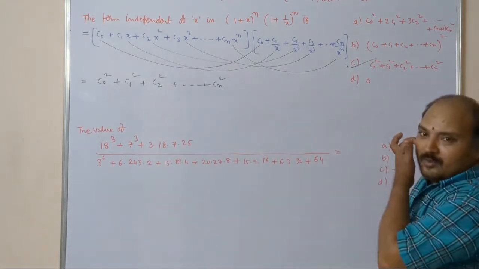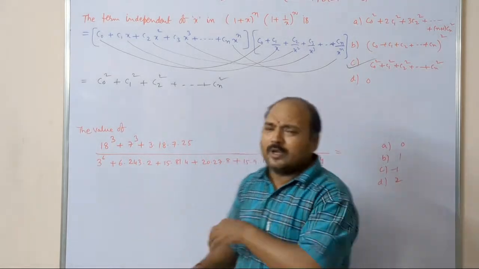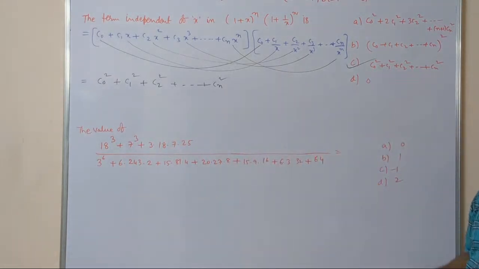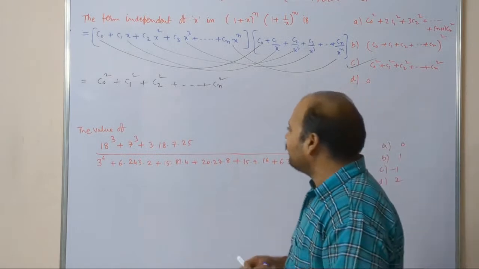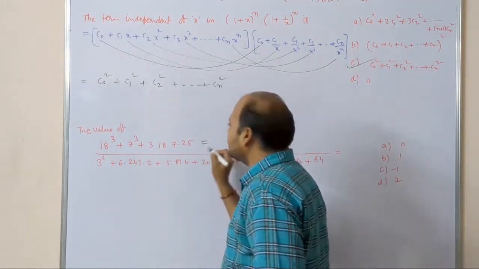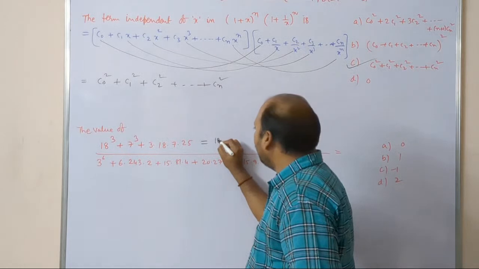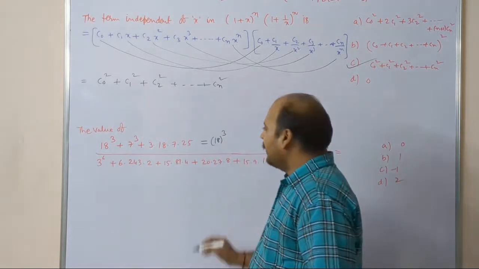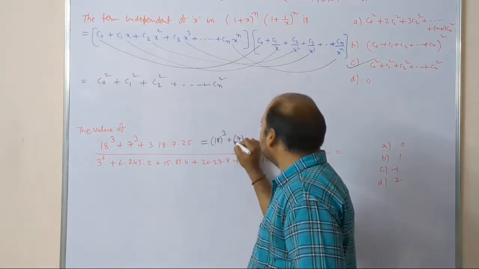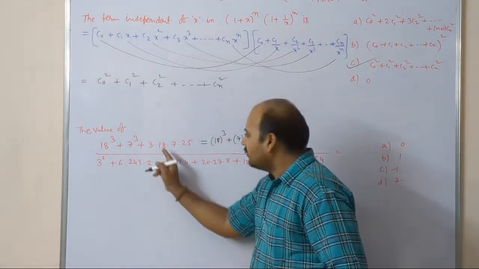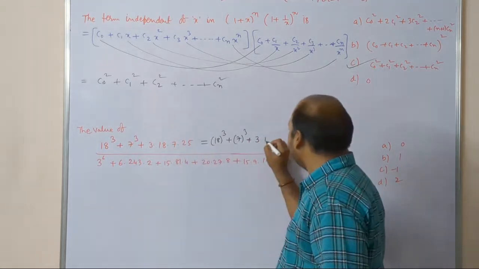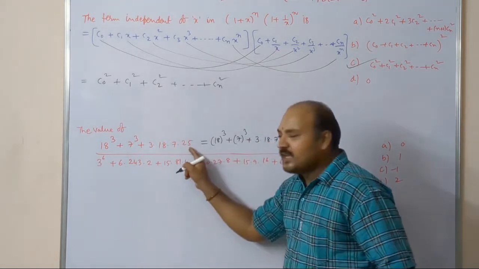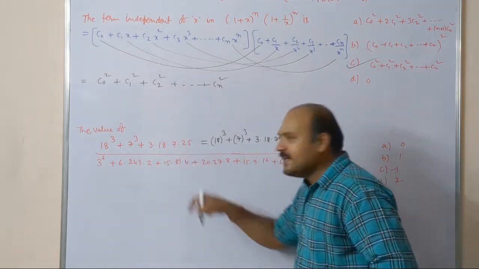Now come to this question. The value of, by seeing this question it is difficult. Simply we can say that either 0 or 1, any one of the options will come. But here some logic is there in this question. First, the numerator I am doing: 18 cube plus 7 cube plus 3 into 18 and 7 into 25, which we can express as the sum of 18 and 7.